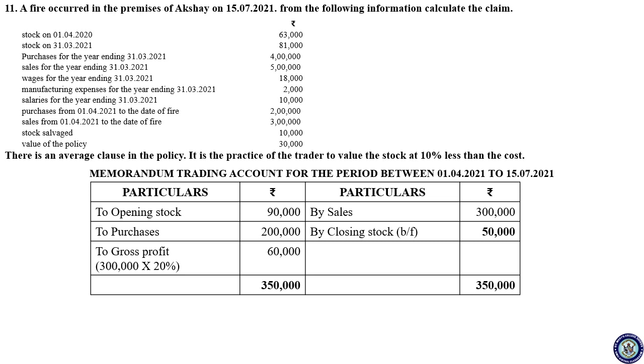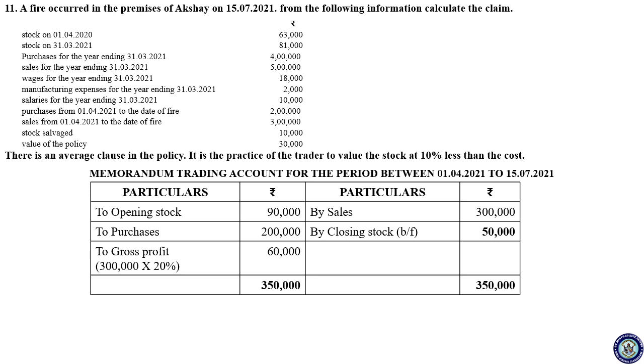Sales 3 lakh, it is given. Gross profit: you just calculated the rate of gross profit, so that is multiplied into sales, 3 lakh into 20%, it comes to 60,000. And the closing stock, that is the balancing figure, 50,000.